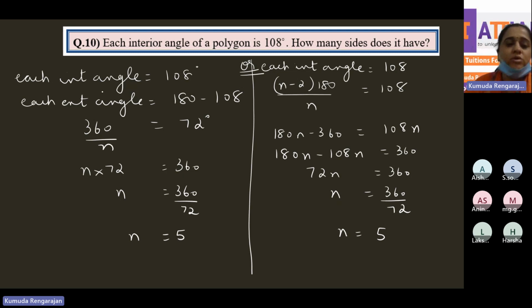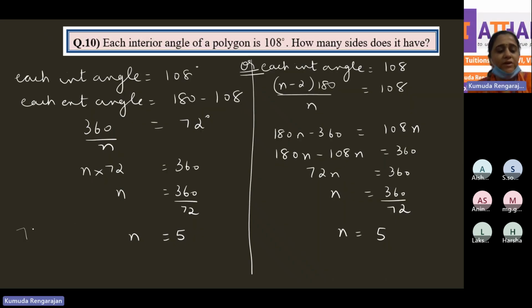Using each interior angle, you can also find the exterior angle. If each interior angle is 108, each exterior angle is 180 minus 108, which is 72. So for 72, the formula is 360 by n. But if it is each interior angle, the formula is n minus 2 into 180 by n is equal to 108.